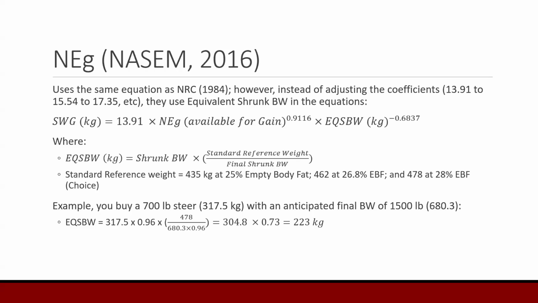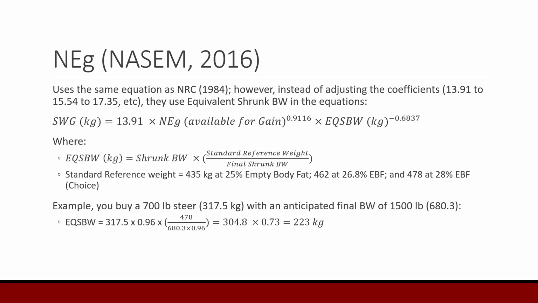So shrunk weight gain is equal to 13.91 times NEG. And so that is megacals of NEG intake that is available for them to use as gain. To the 0.9116 times equivalent shrunk body weight raised to the negative 0.6837.